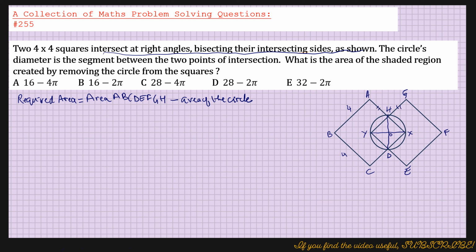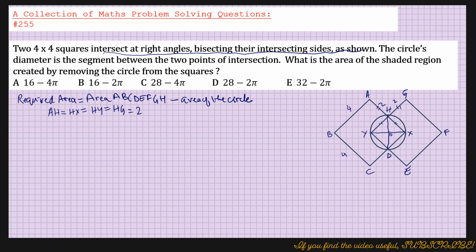So AH equals HX equals HY equals HG, and that equals 2. Okay, so they're all 2.